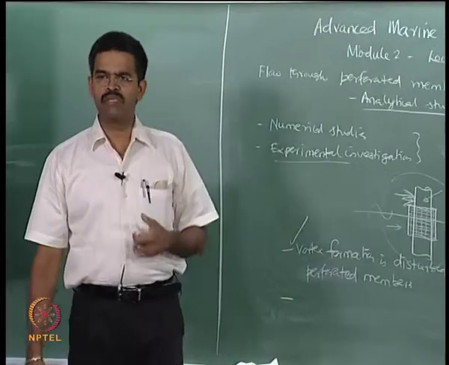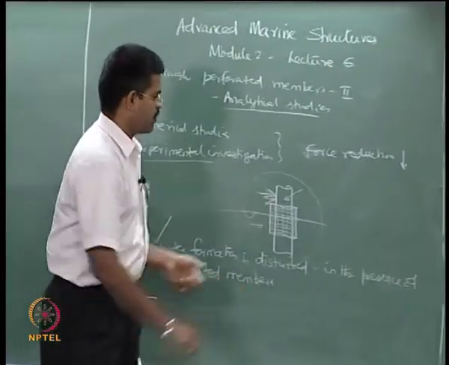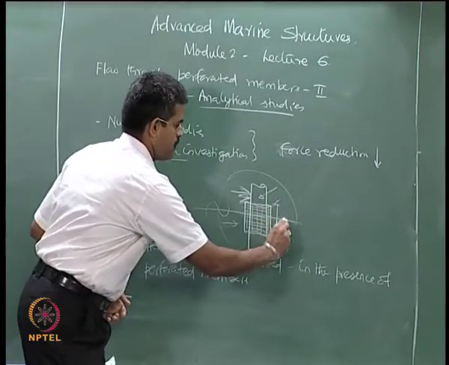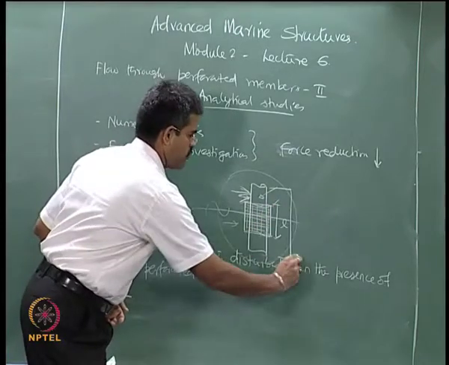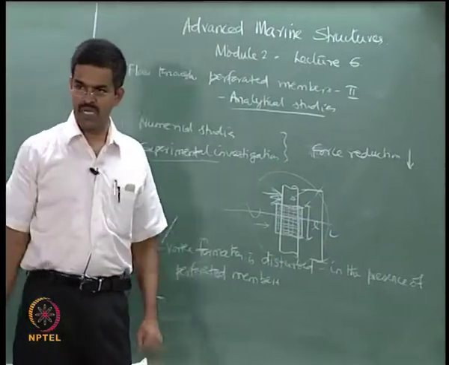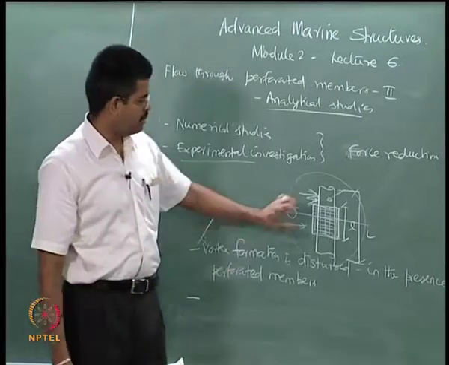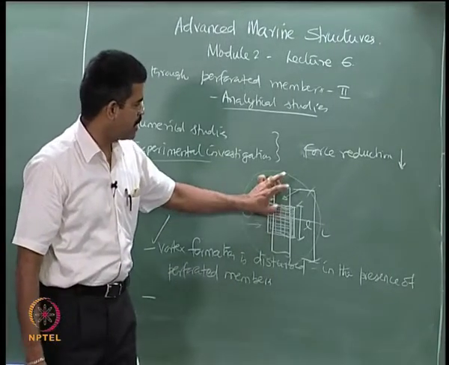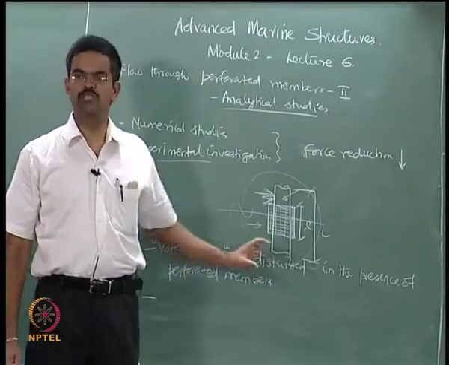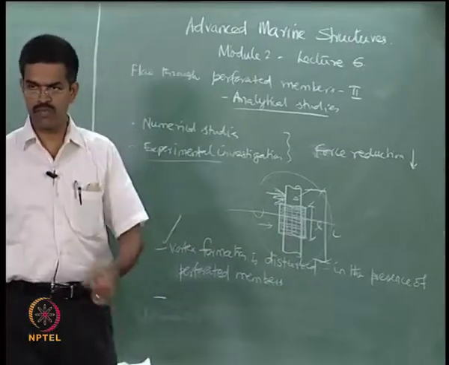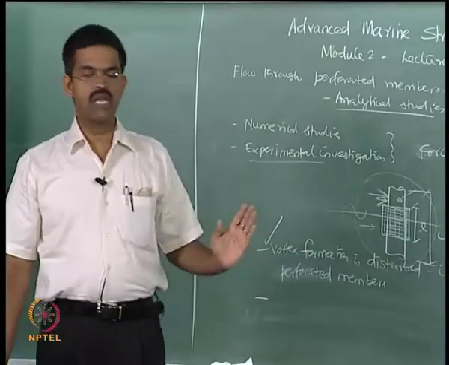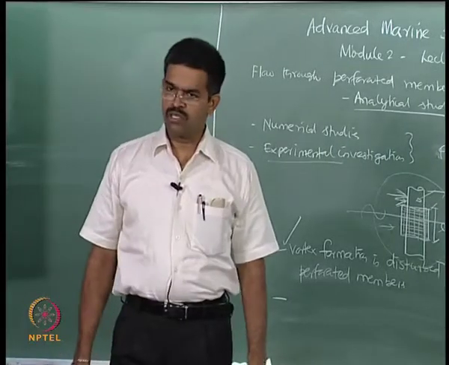So we can attempt to put a perforated cover for a specific length, as a function of the entire length of the member, as a parametric study, where I can move the position of the perforation above, below, etc., and see which is the optimum location of this perforated cover which can reduce my forces on the member.